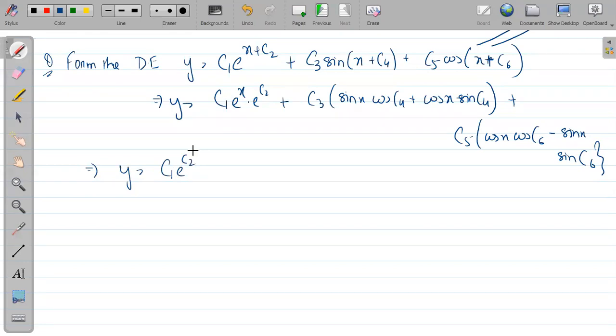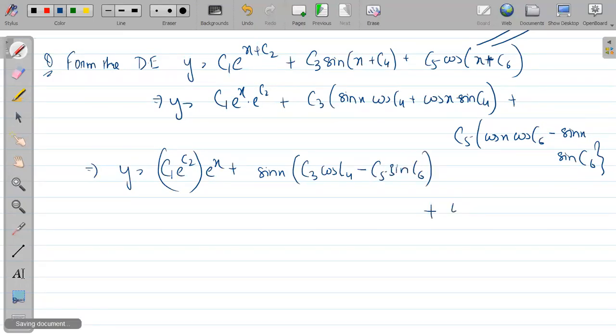C1 e to the power C2 e to the power x. This one I am writing sin x. What are the constant quantities available? C3 cos C4, and here also it is present. Sin of C6.